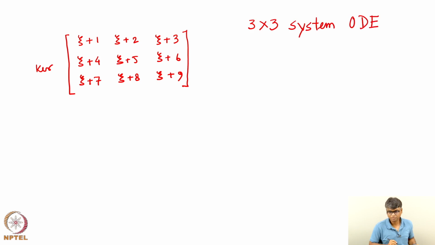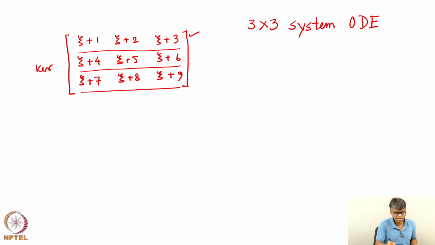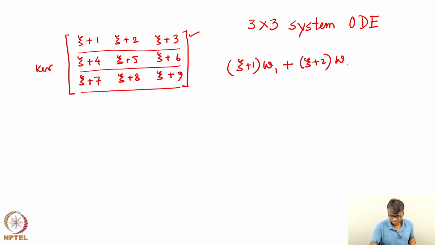Linear ordinary differential equations with constant coefficients wouldn't be easy. How do you solve for these 3 equations simultaneously? Separately you can easily: xi plus 1 times w1 plus xi plus 2 times w2 plus xi plus 3 times w3 equal to 0.